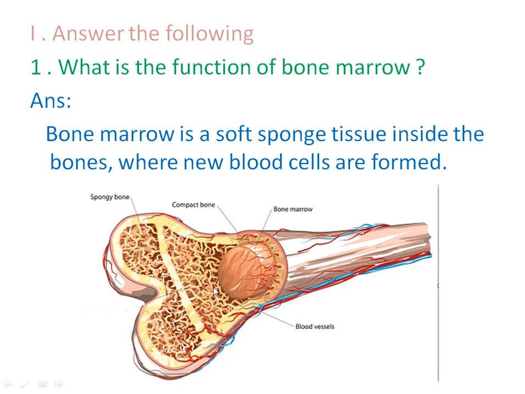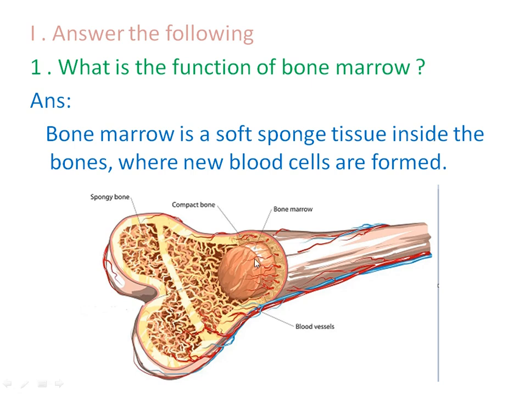See, this picture is an example for the bone marrow. This is the bone and this is the bone marrow, and these red lines are the blood cells. Blood cells are formed in the bone.